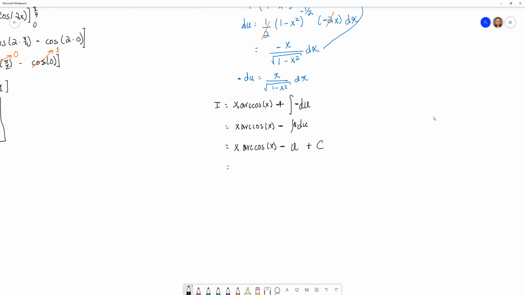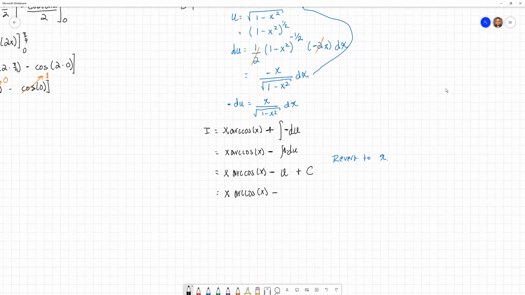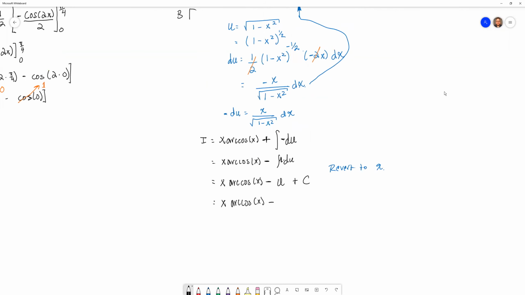And then we have to revert back to x. So we get x arc cos of x minus the square root of 1 minus x squared plus c. And that is our final answer for question 2.